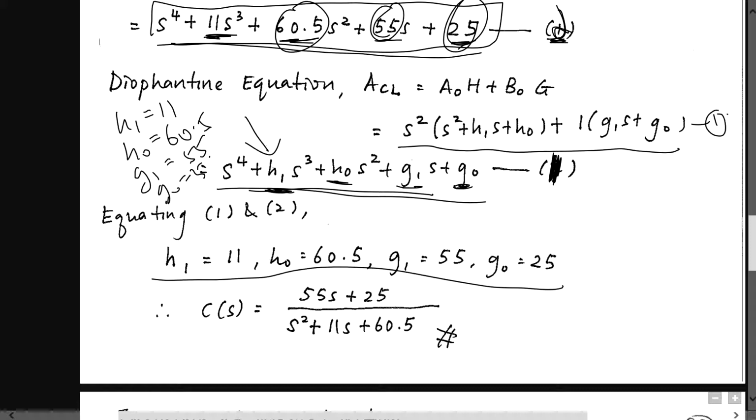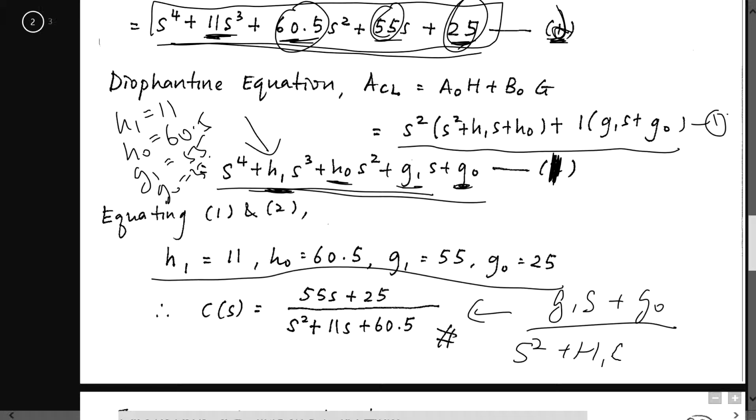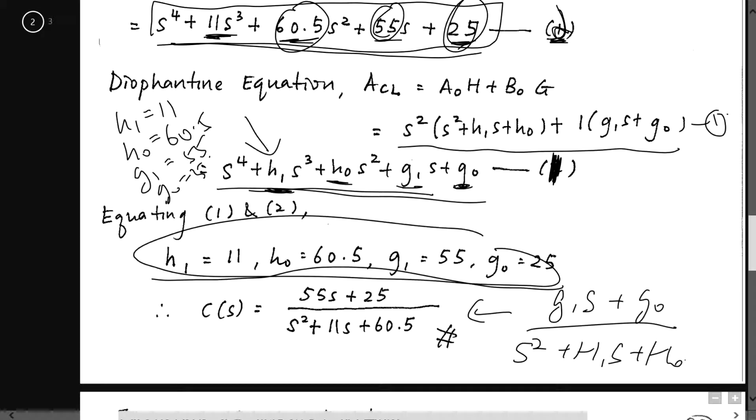At first, if you still remember when we started, it was G1 s plus G0 over s squared plus h1 s plus h0. So we can just sub in our h and g values within this system, although this should be a small letter.